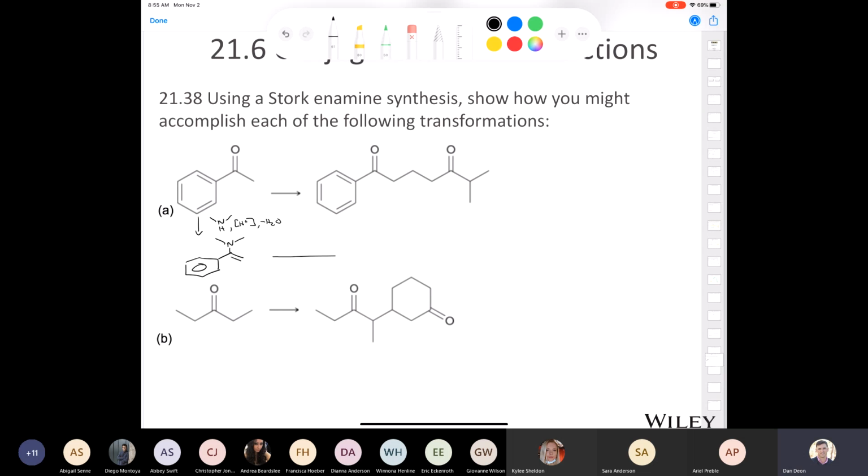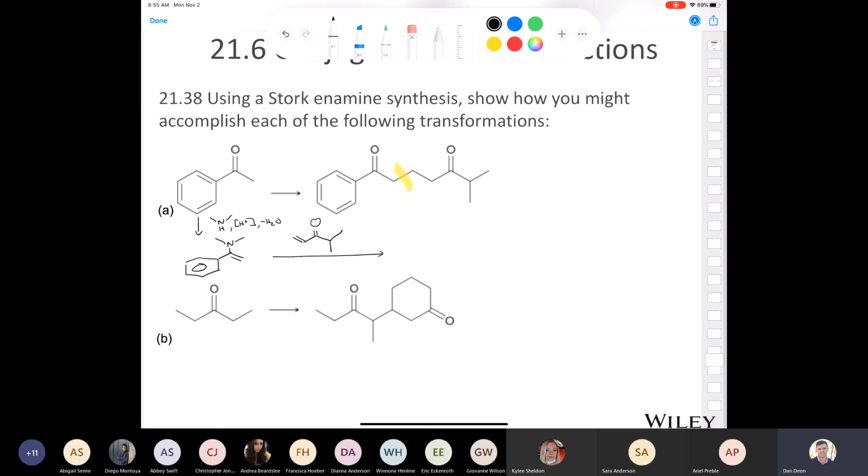So what's our Michael acceptor going to be in this case? Well, let's count our carbons. If we break this bond here, our Michael acceptor is going to come from this portion right here, and our double bond is going to be at that position. So let's draw that as our Michael acceptor. It's going to look like this: we have our conjugated system, and then we have an isopropyl group on this side.